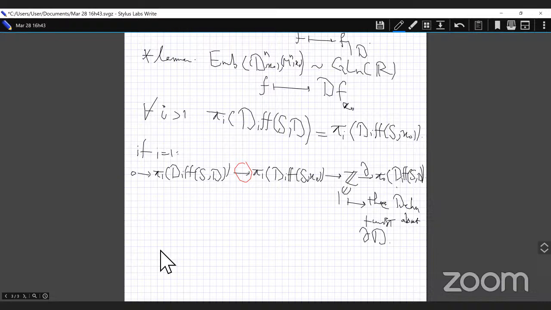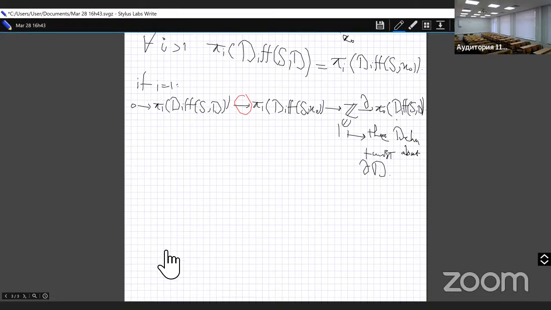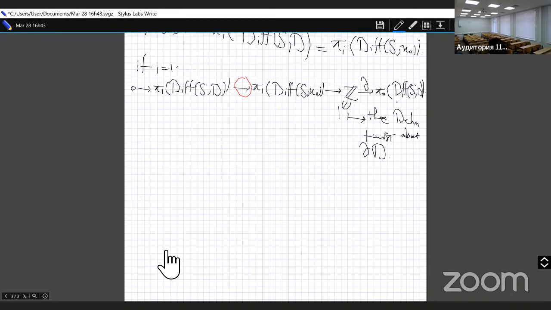Okay. Now, the question is why the result is non-trivial in pi naught of Diff D, and it's more or less clear.